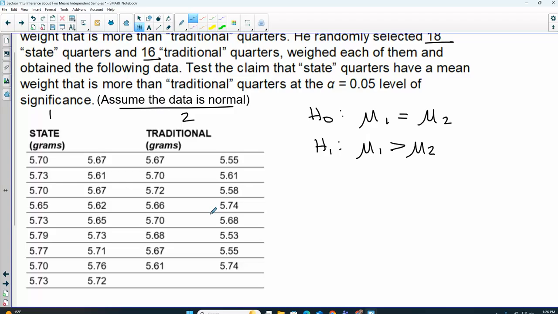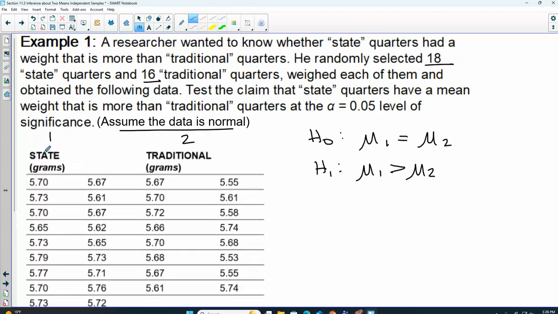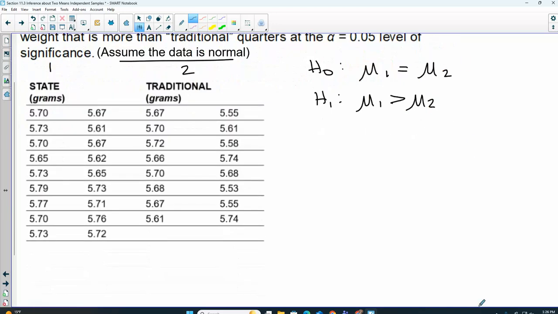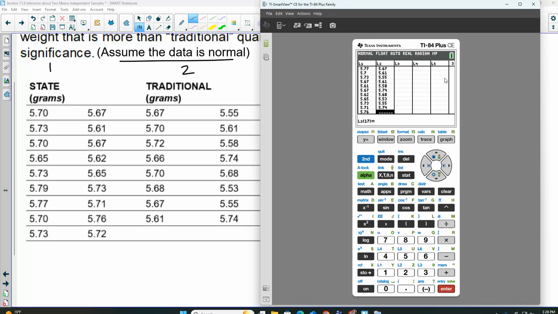We're good there. So now we are going to enter our data. I want you to go to your calculator, enter all the state quarters in L1 and the traditional quarters in L2. Our data is entered. We can't do the difference. We don't even have the same number of points. They're not related.